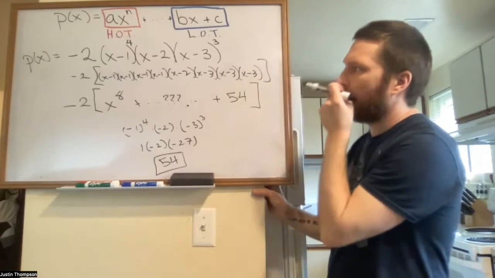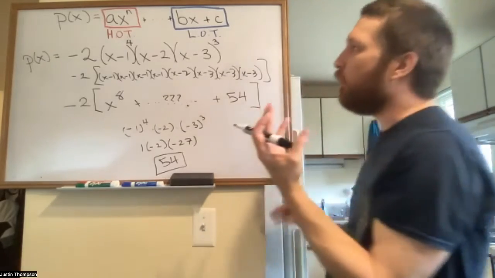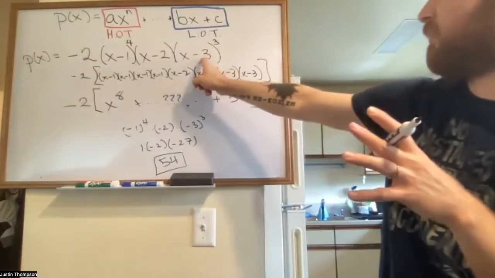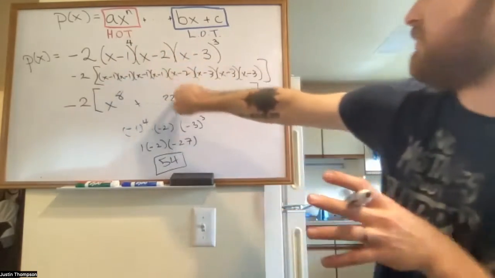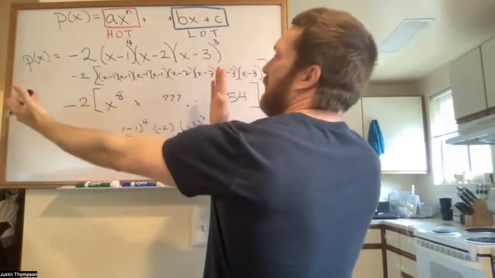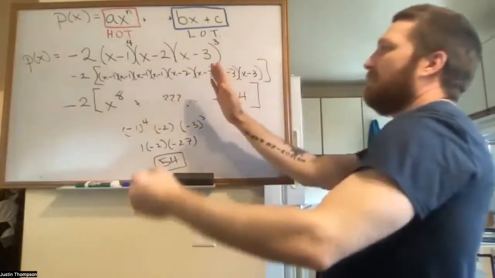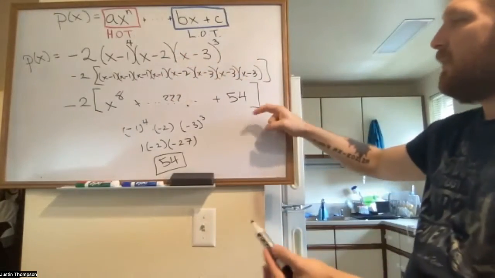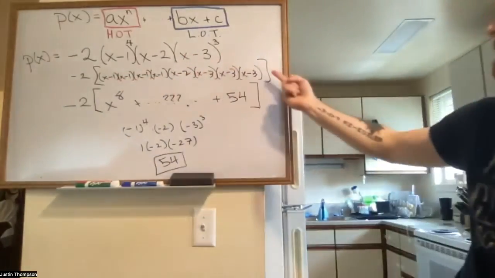Yeah, I think so. It's the same thing as when I first did this, when it was just 1, 2, and 3, I did first, outer, inner, last, and I had a +2 as my far right thing. And then when I distributed the -3 in, the -3 hit the +2 to give me a -6. Well, now I'm just imagining I'm doing that 8 times with all of these terms.